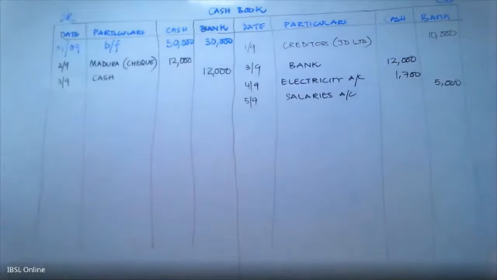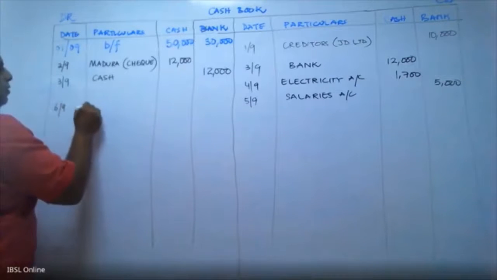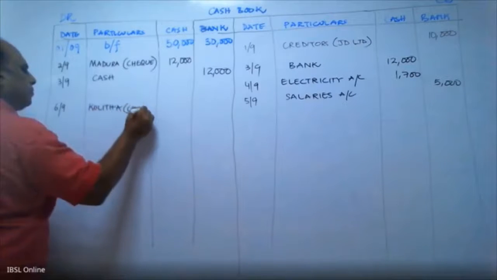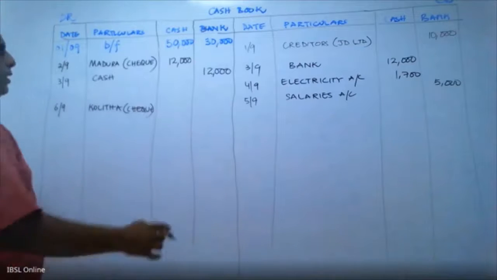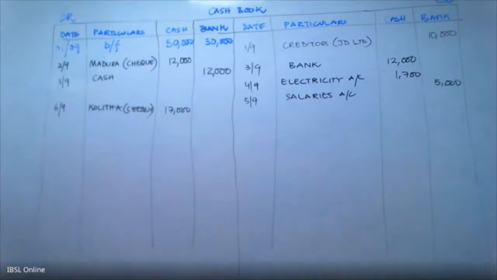On 6th of September, 17,000 received by check from Kolita. So very straightforward, like the 12,000 you recorded. One of your debtors again, which is 17,000.